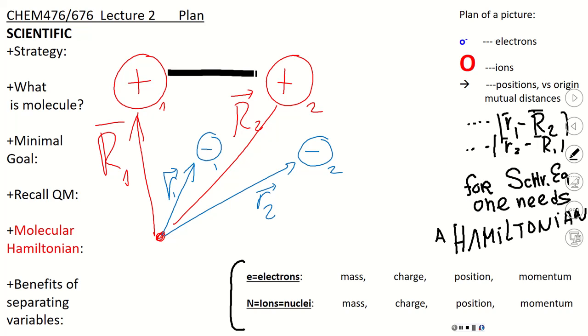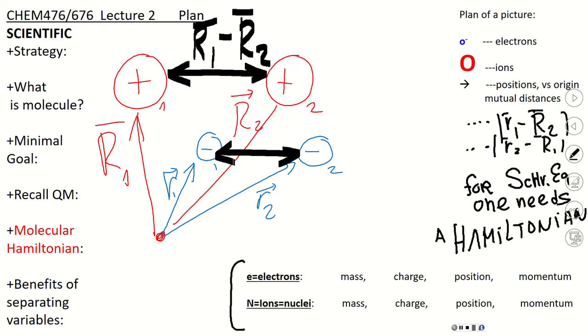So here this one will be R capital 1 minus R capital 2. This one will be R lowercase 1 minus R lowercase 2. I was wrong, the arrow should go only one way. It is a vector.